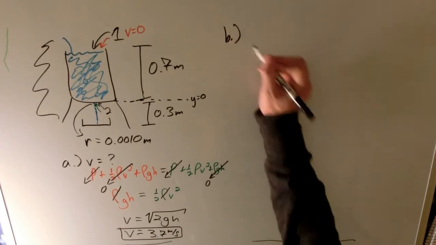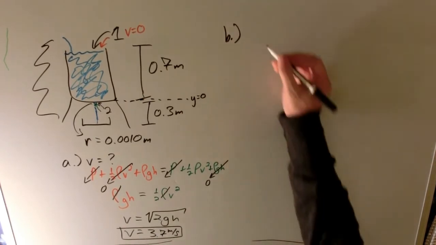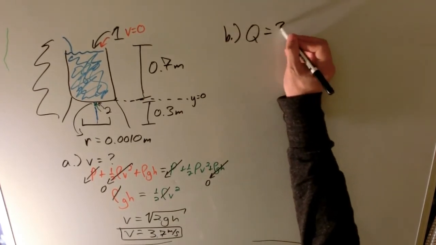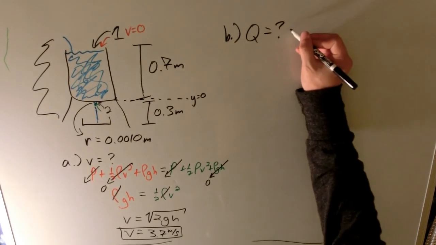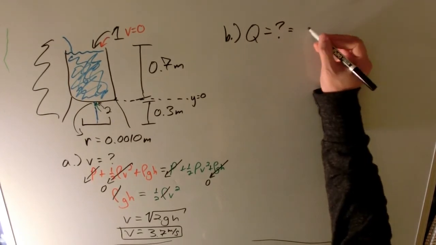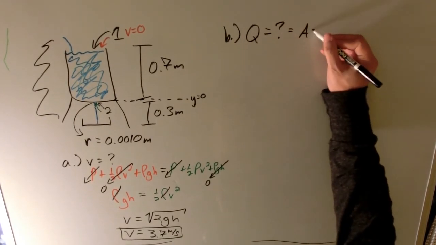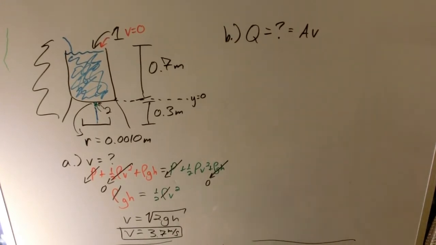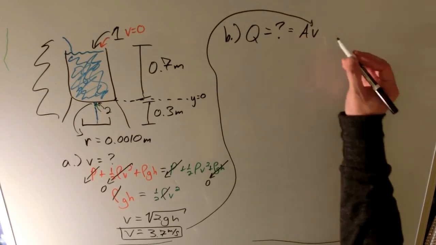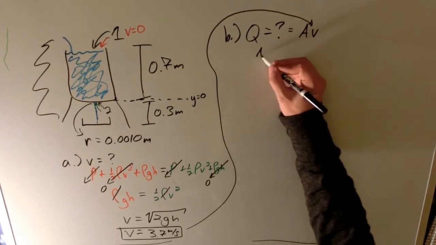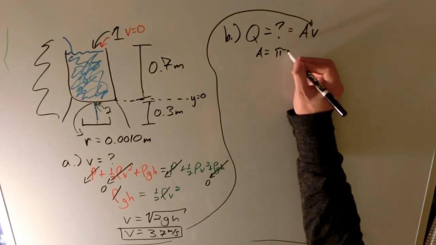The second thing I'm looking for, B. What's my flow rate? How much water do I have going through there at a given point? Well, if you remember from our equations, our flow rate is equal to our area times our velocity. We just found our velocity here, and so now we just need our area. Area is going to be equal to pi r squared.